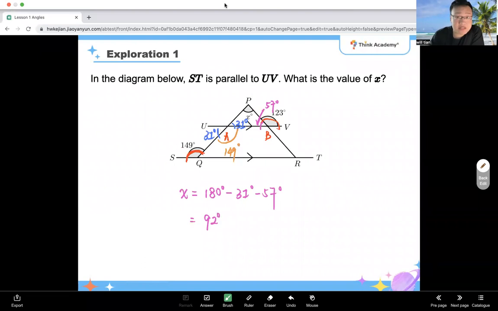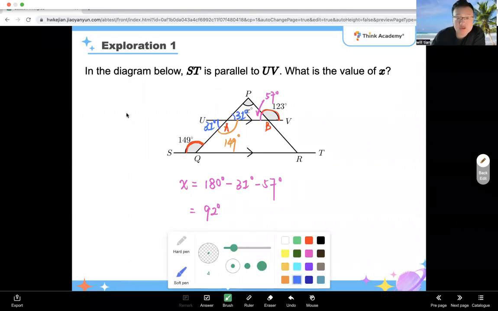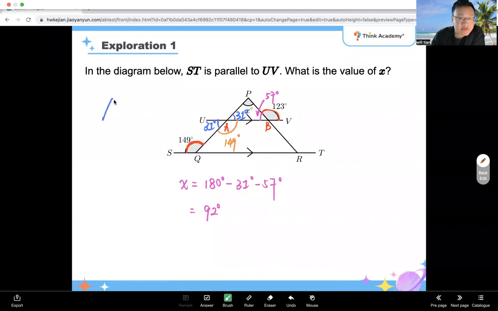Very good. Guys, I'm not sure, do you all know this theorem? Let's do some review. If I give you a triangle, let's call it ABC, and I extend BC a little bit longer, this angle we call the exterior angle.